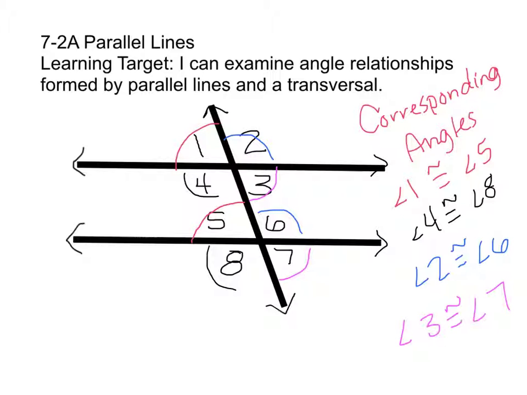Corresponding angles are congruent. Okay, now I've given you a whole bunch of information about angles being congruent. Now I'm going to ask you some questions to see if you understand.